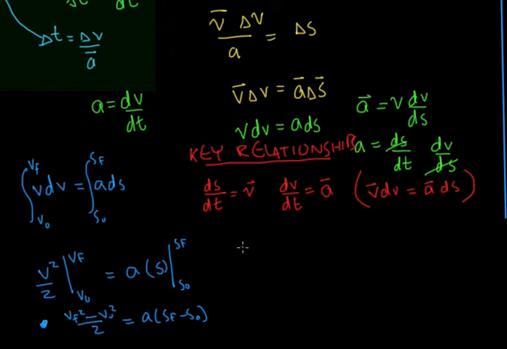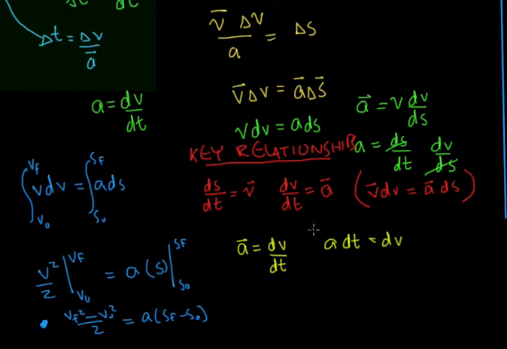And for that, let's look at the definition of acceleration. So acceleration equals dv over dt. Okay, so that means we can multiply both sides by dt. a dt equals dv.